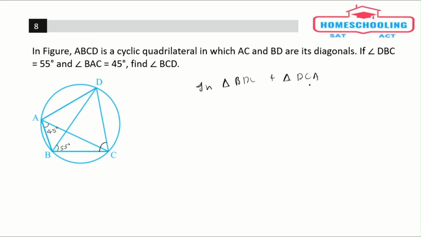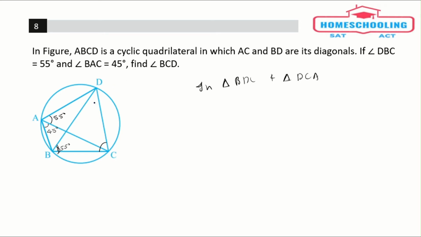So we have a common chord DC. So this angle and this angle would be same because both the angles are subtended from the common chord DC. So if this is 55 degree, this will also be 55 degree.